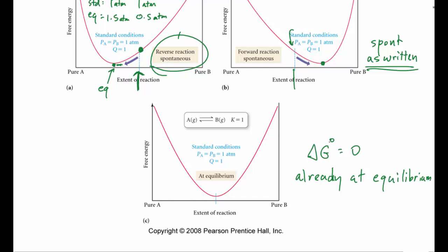So you can see how this little standard thing is important. Under standard conditions, delta G is 0. But under non-standard conditions, this delta G could be whatever we like, right? Because non-standard conditions, we could be starting way over here, right? That would be spontaneous as written. Right? If we started over here, that would be spontaneous in the reverse direction.